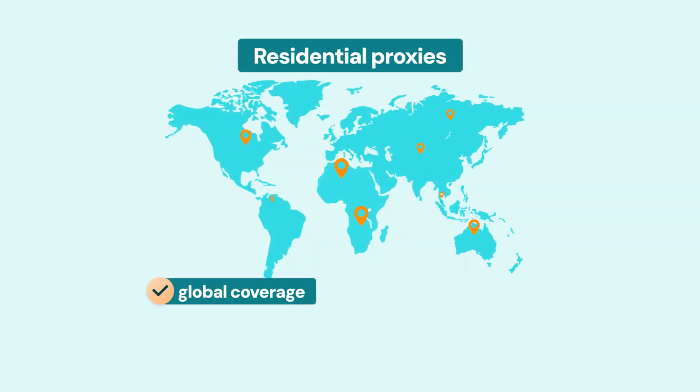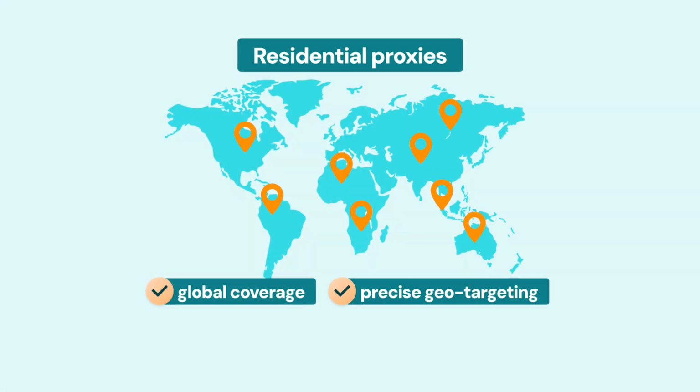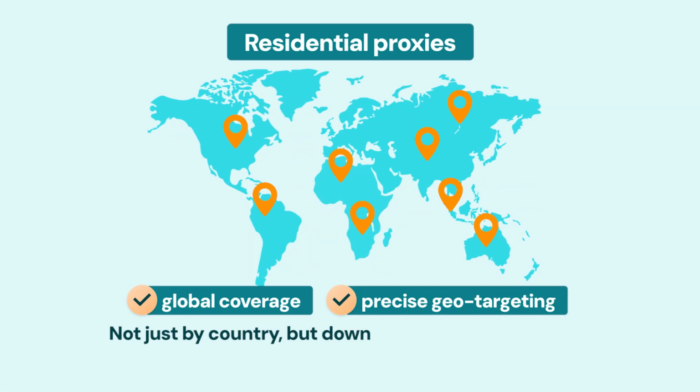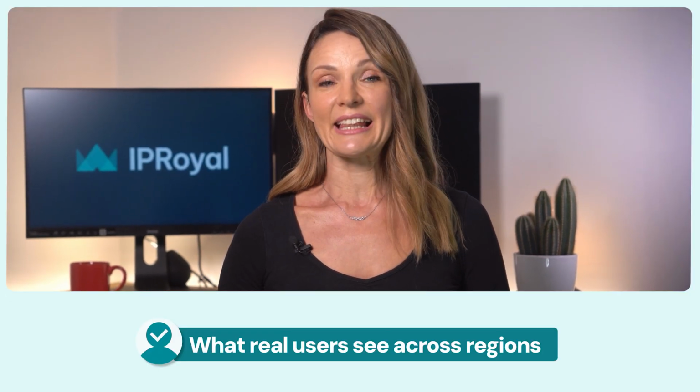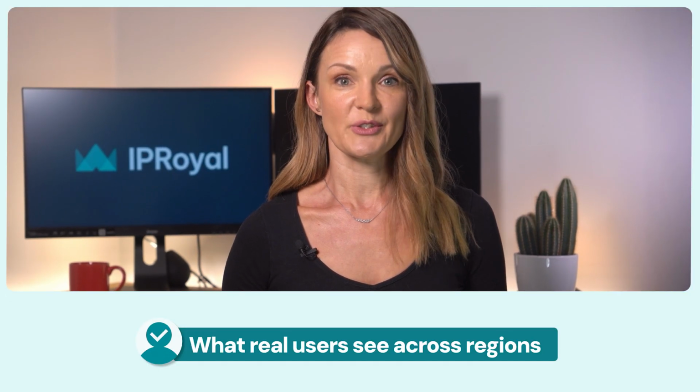What if your website looks perfect in one location, but breaks or shows the wrong content in another? Residential proxies solve this with global coverage and precise geo-targeting, not just by country, but down to cities and even states. That means you can check exactly what real users see across regions.